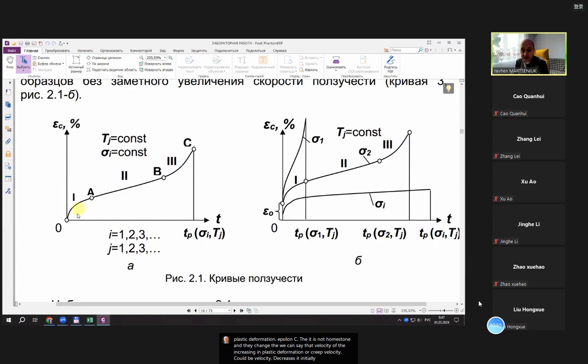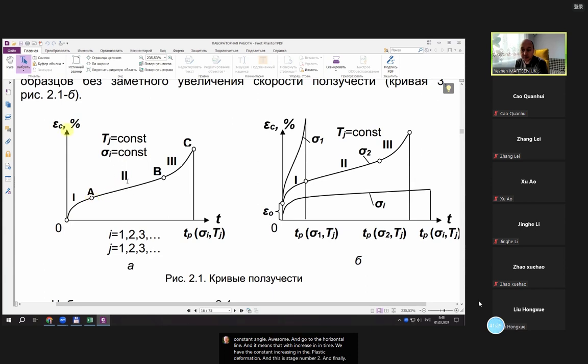Initially it can be high, and then with increasing operational time it decreases and finally gets some constant value. So here is stage number 2. You can see it has the same constant angle to the horizontal line. It means that with increasing time we have a constant increase in plastic deformation, plastic strain.